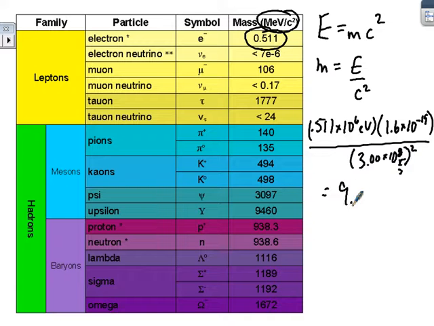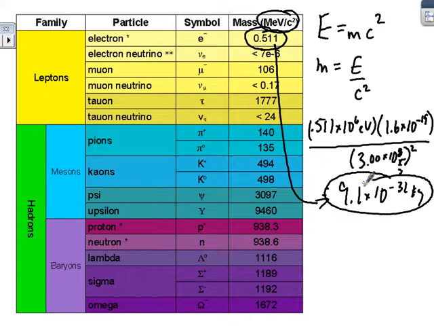And I can get 9.1 times 10 to the negative 31 kilograms. So I can convert this into kilograms if I want. This just comes from this equation, E equals mc squared.